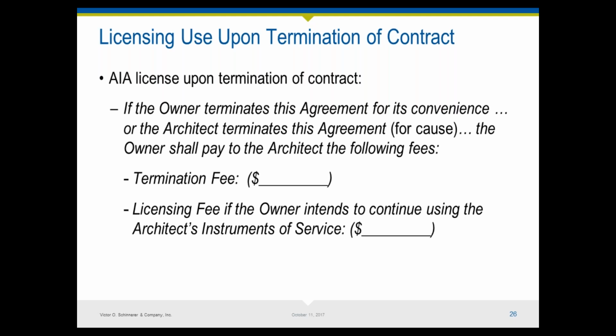That, of course, sometimes benefited architecture firms in a great way because often they lose money during the construction phase, and if they got paid at least half of the remaining part of the contract, that was more profit than they might expect. But now you have this licensing fee negotiated up front, and remember the license is only for some specific uses of the document.